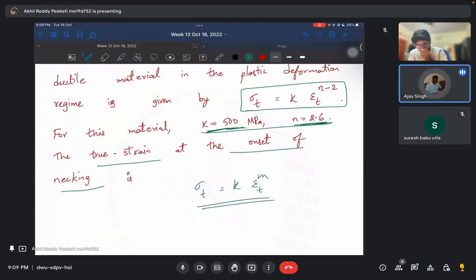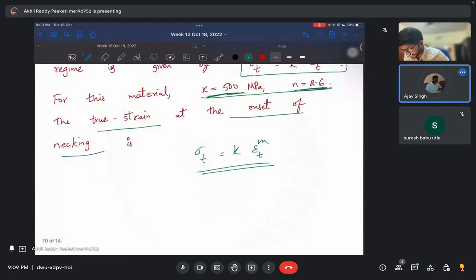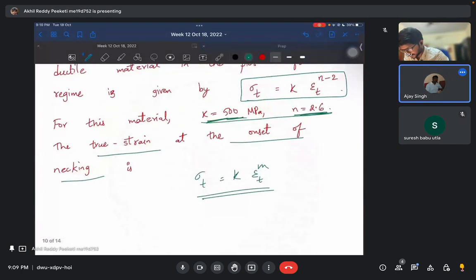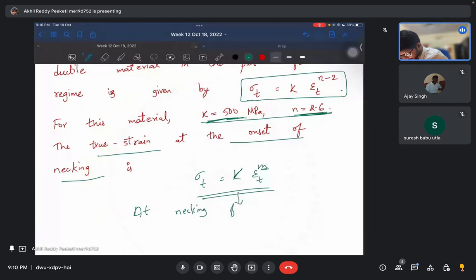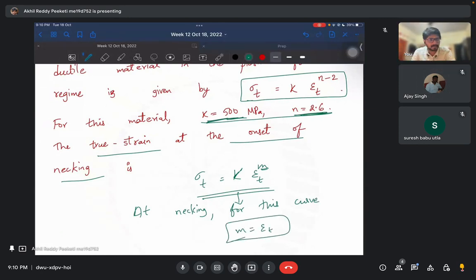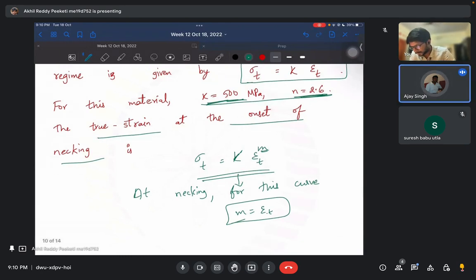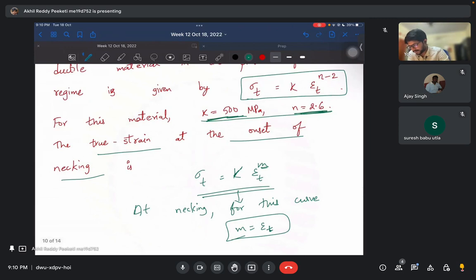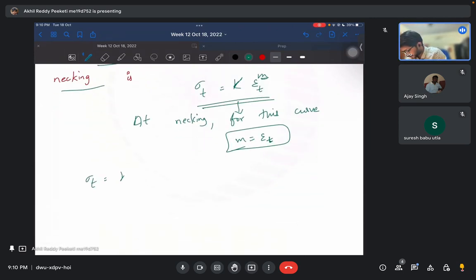In this case, this K is the constant, proportional constant. So at necking, for this curve, N is equal to epsilon T. But we are given sigma T is equal to K into epsilon T power N minus 2, right?